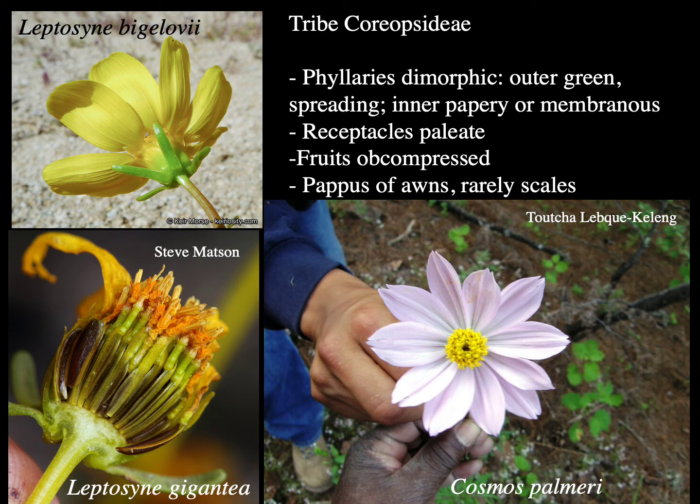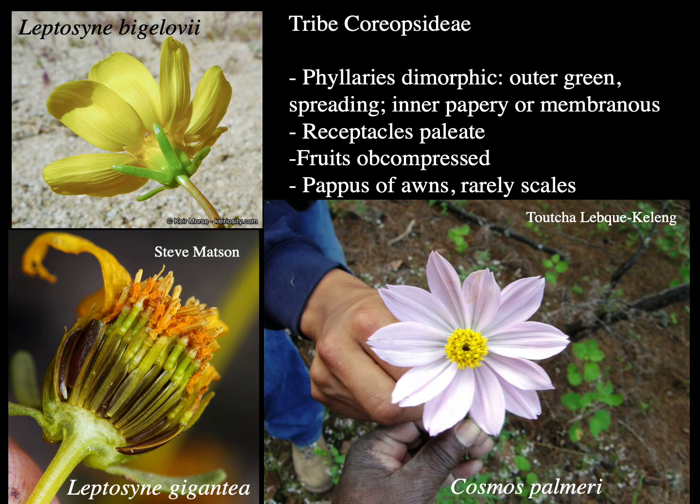The fruits are obcompressed, that is, they're compressed in the dorsiventral dimension from front to back. So if we look in this longitudinal section of the head, we're looking at in the lower left, the Leptosyne gigantea, we can see we're looking at the narrow edge of the phyllary there, and also the narrow edge of the cypselae, the fruits.